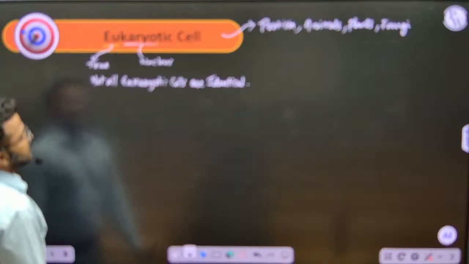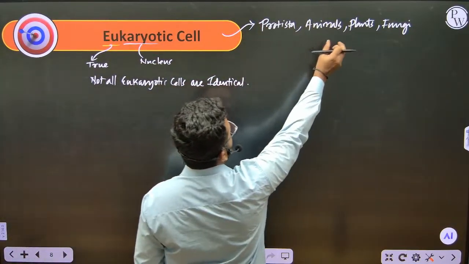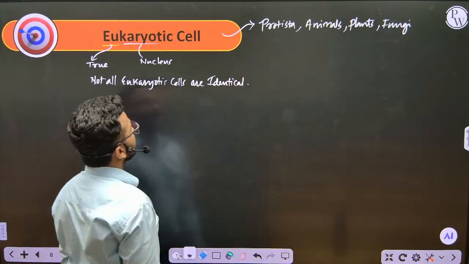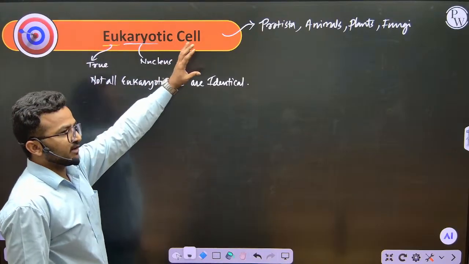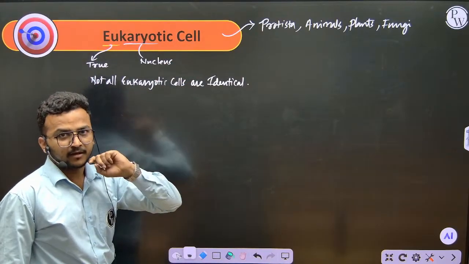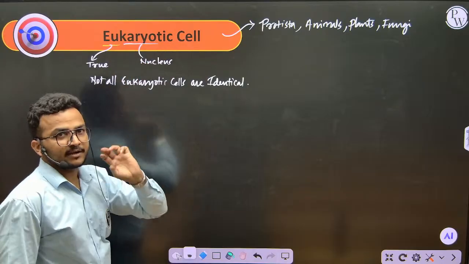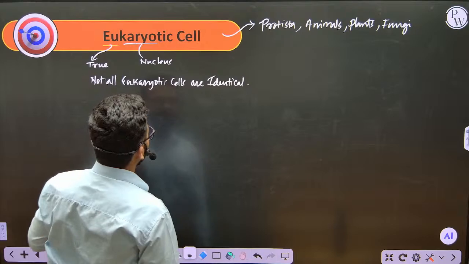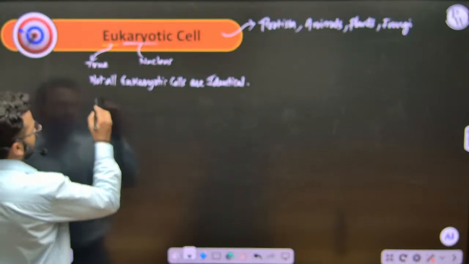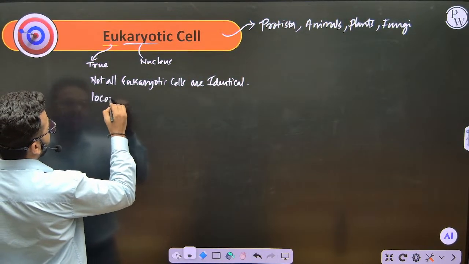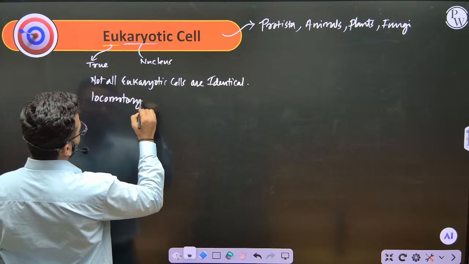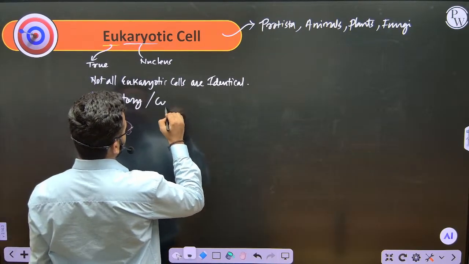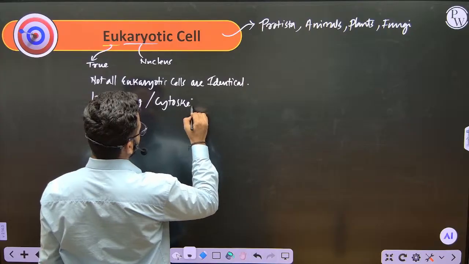When we are discussing Protista, animals, plantae, and fungi, or when we compare the eukaryotic cell to the prokaryotic cell, what makes the eukaryotic cell different? Eukaryotic cells have locomotory or cytoskeleton structures.